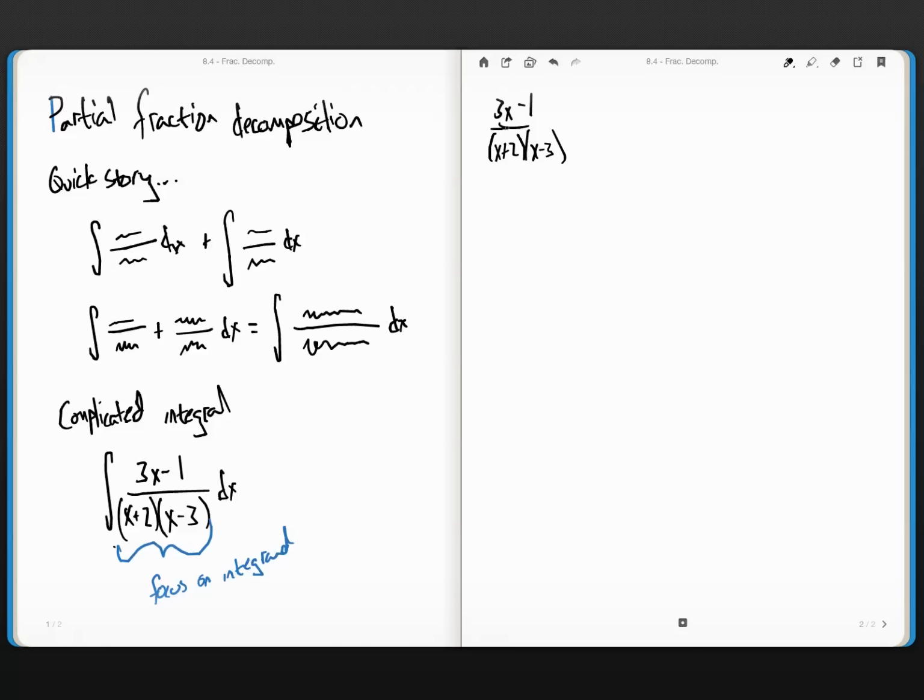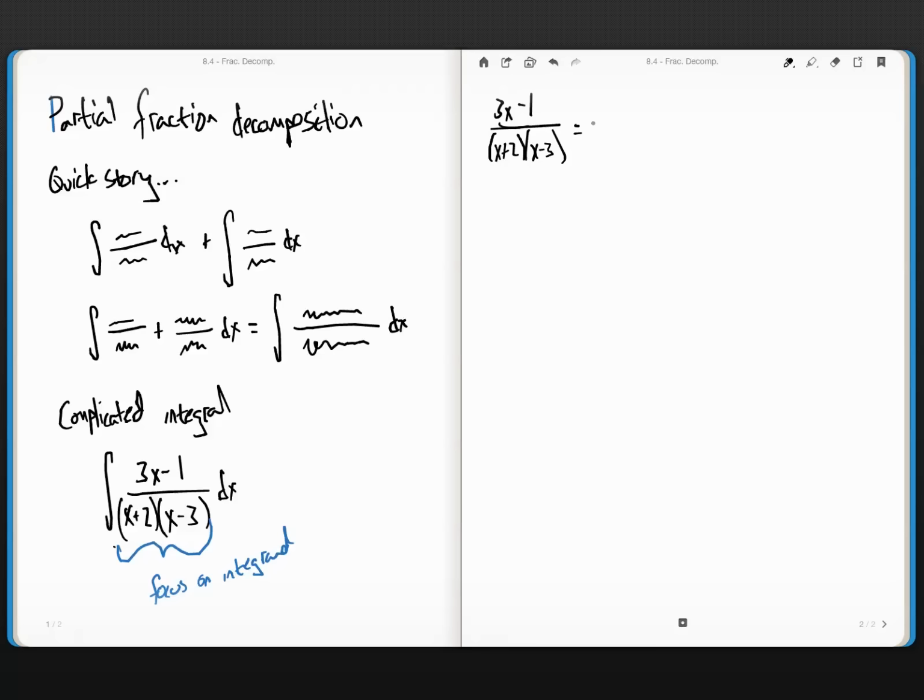Now, I'm not much of a detective, but I guessed that my original two fractions had denominators of x plus 2 and x minus 3. And that's why the lowest common denominator became (x plus 2)(x minus 3).